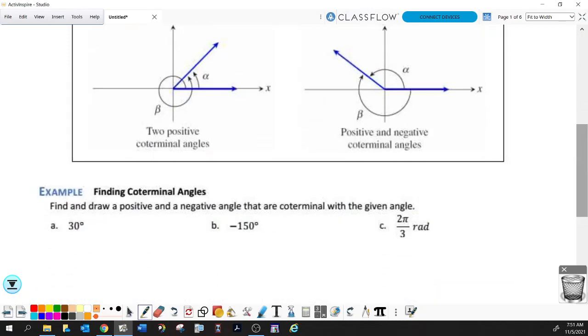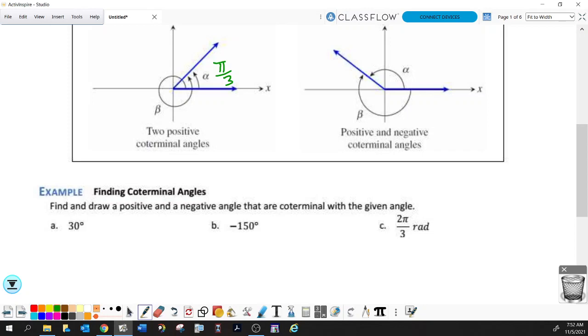Now these two images, what I just described is in the bottom right, but this one in the bottom left is showing two positive angles that are coterminal simply by rotating one full circle, so 2 pi or 360 degrees, which is what I described when I said jump and turn, which I used to do back when I was young. But angle alpha is acute, right? It's less than 90. I could have said angle alpha is 60 degrees, or how about we use radians for that one? We could say alpha is pi over 3.